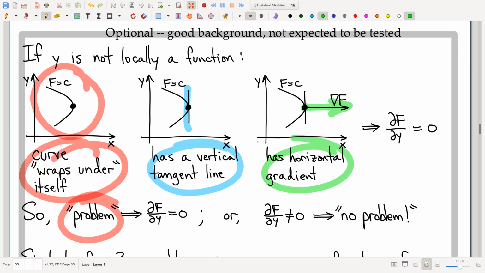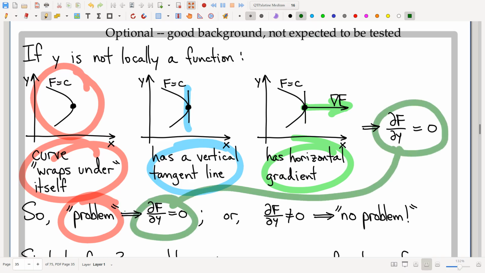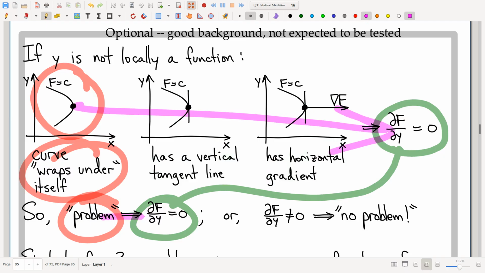And that means, what would it mean for the gradient to be horizontal? Well, it would mean that its second coordinate is 0, and that second coordinate is the y partial. So that's basically the argument, and so any point that has a problem would be characterized by the y partial of f being 0.